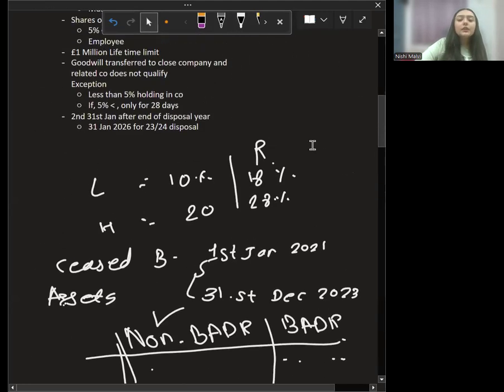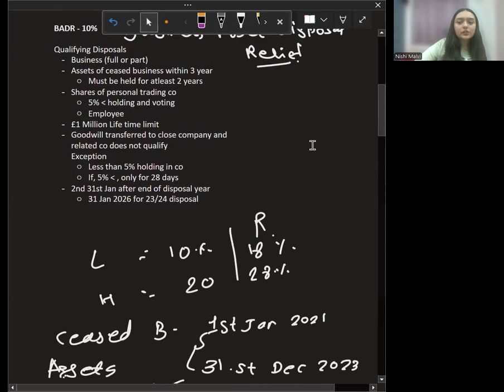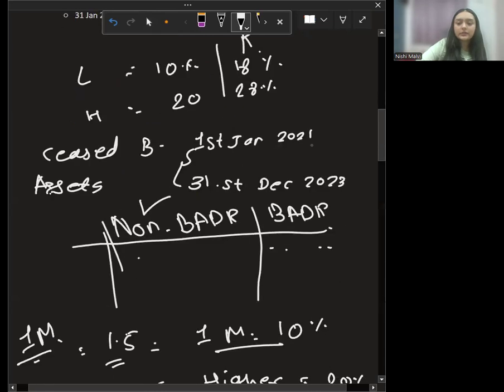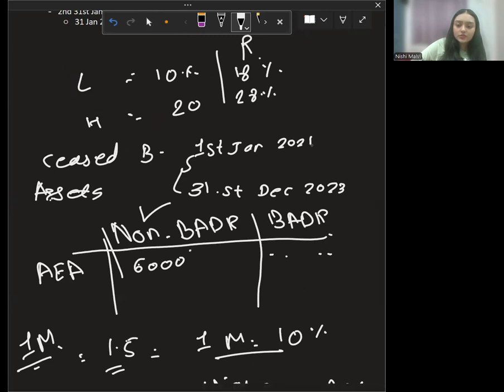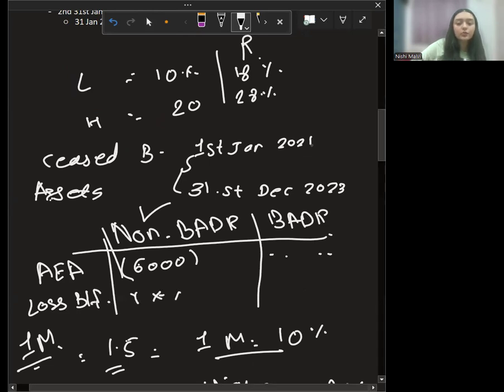Now, one thing you've got to know: whichever the Business Asset Disposal Relief qualifying disposals are, they are taxable at 10%. So for the non-BADR gain, you will give priority to consider the annual exemption, which is 6,000. You will first deduct it against this one. And whatever loss brought forward you have, you'll first give priority to this one, and adjust it against non-BADR.